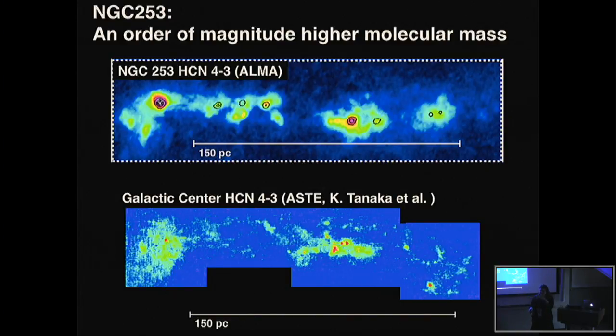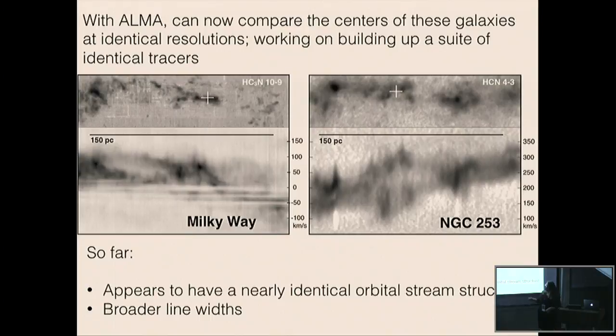One of the really nice things when you start to ask what is actually setting the scales of everything happening is to look not just at the size scale, which again is a gorgeous match, but also at the velocity structure of these two. Here's the same image at the same size scale, but now I'm showing you a position velocity plot. In both of these, and NGC 253 is also a barred galaxy, you see a nice tilt and also a separation in the velocity, which suggests this same sort of ring or stream features.